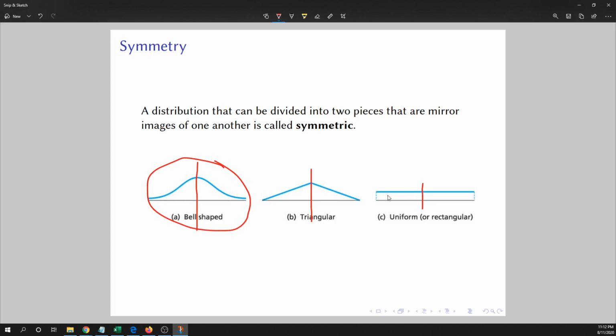If we cut it right in the middle, it looks exactly the same over here as it does over here. Every point on this blue curve would line up with exactly one point on this side, and vice versa. So all of these distributions are symmetric.